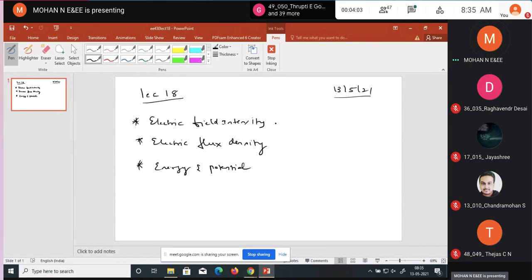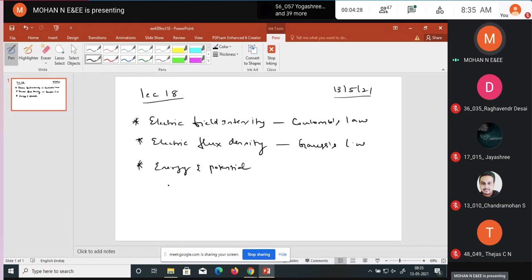Okay? So this has been vastly described using Coulomb's law, and also vastly described using Gauss's law.